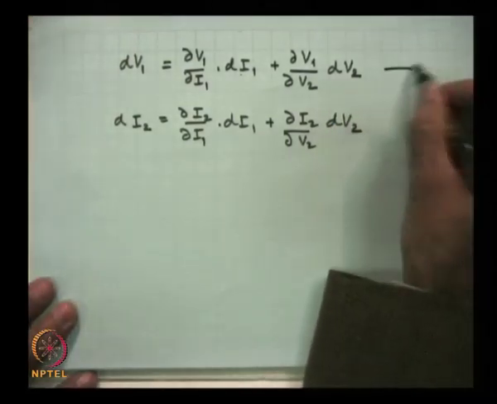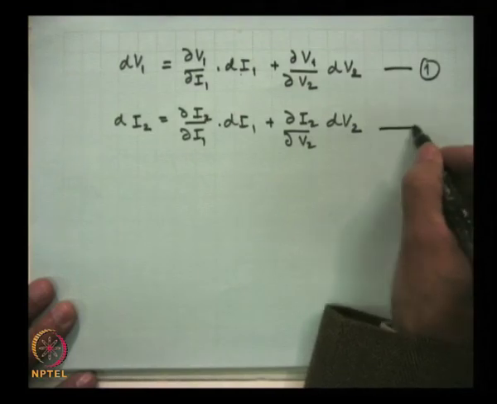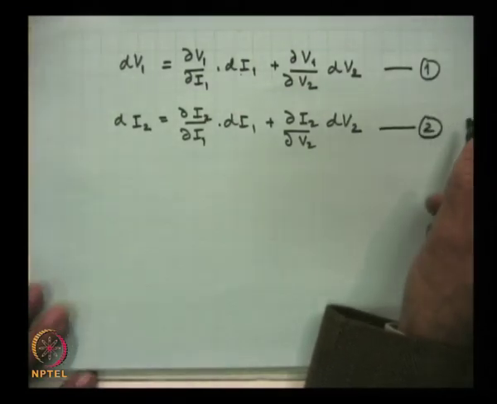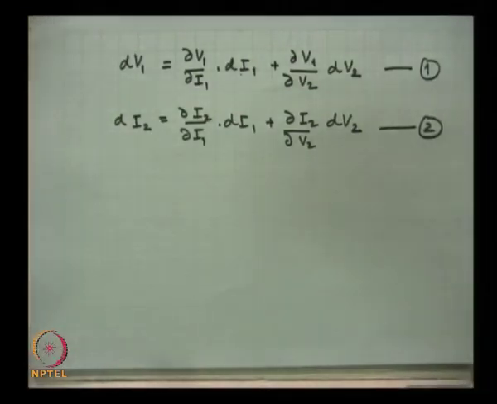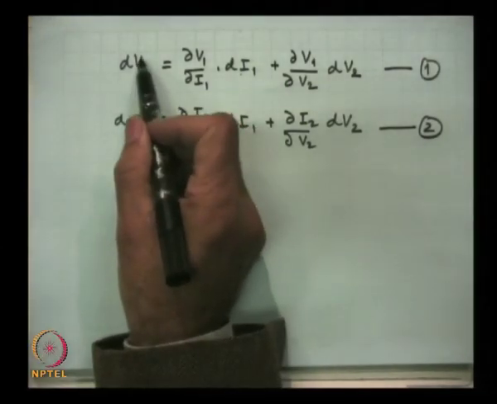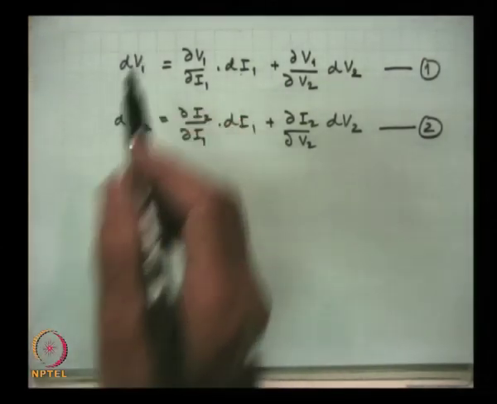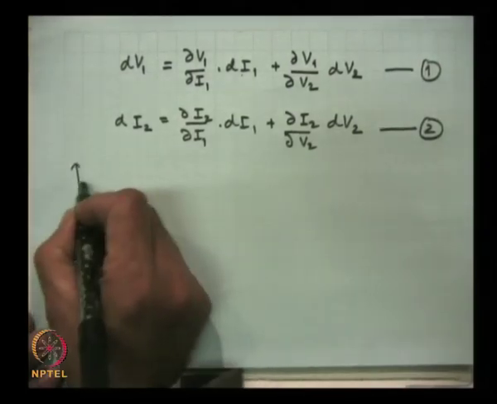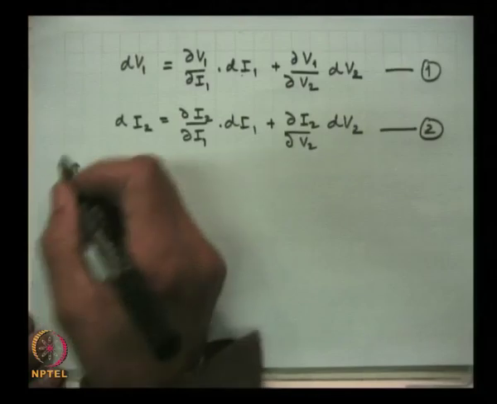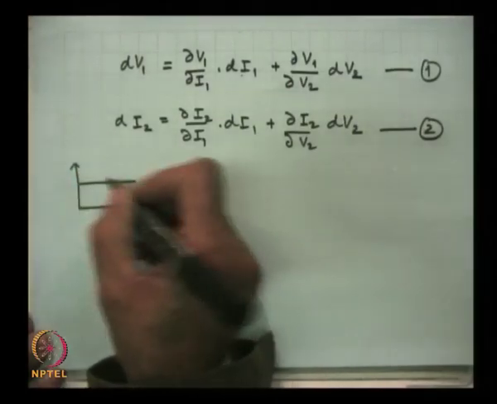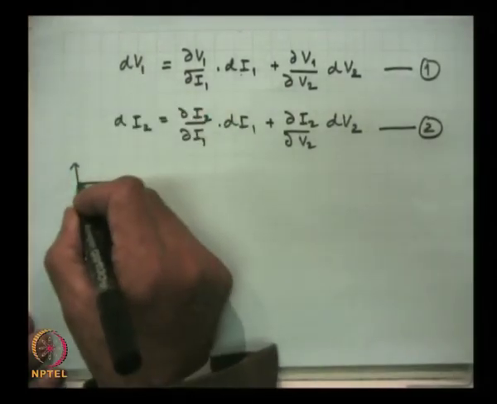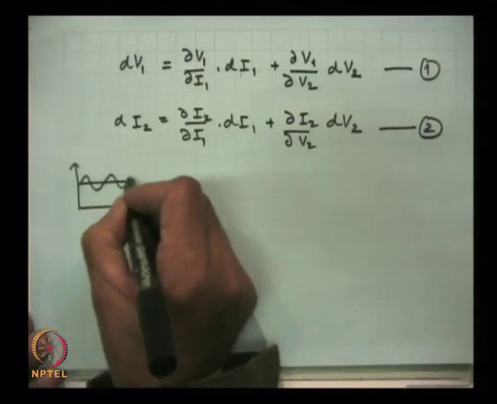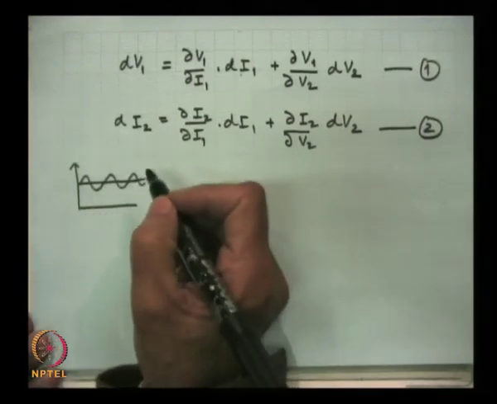Let us call this equation 1 and this equation 2. And remember, we were talking about V 1 as the total voltage like this. Here this was the DC current and voltage, and this is the voltage over which the AC signal, a small signal, is superimposed.